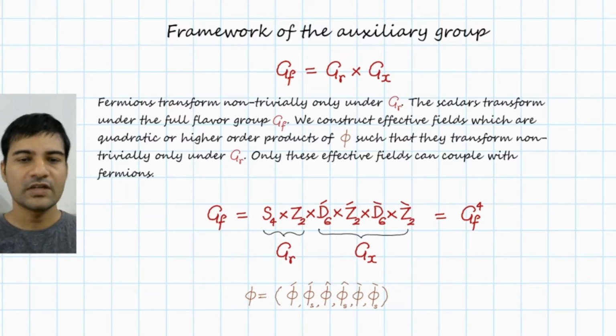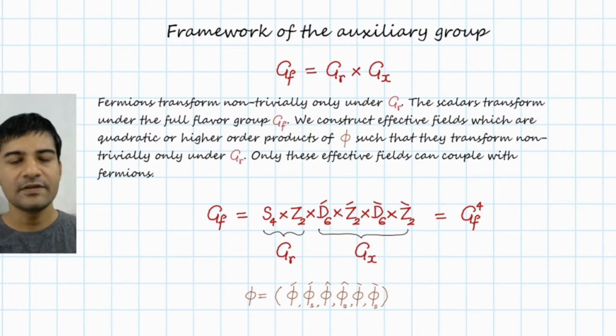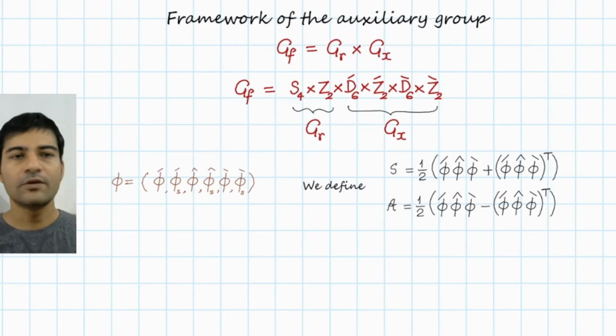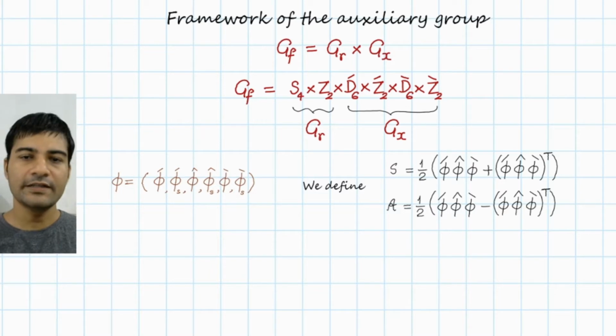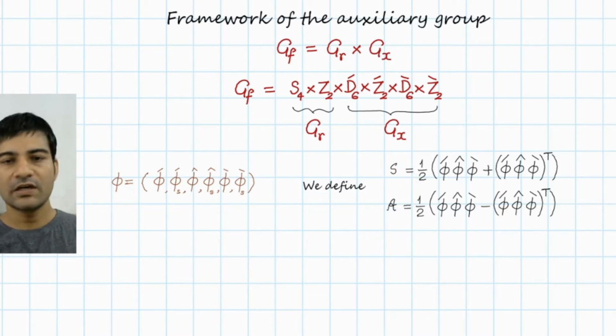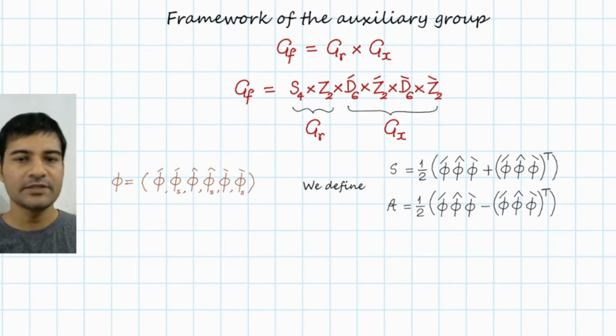Now we construct effective fields using this elementary field phi. In order to do that, we define the matrices S and A, which are the symmetric and the antisymmetric parts of the product acute phi, hat phi, gray phi respectively.